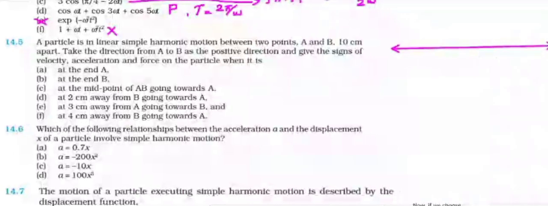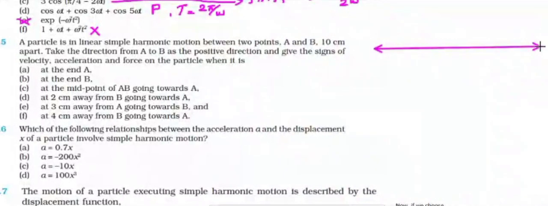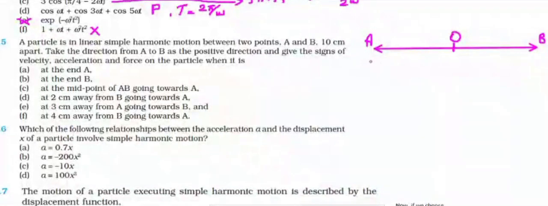This point is A, this point is B, and here the center is 0. 10 centimeter means up to here you have 5 centimeter.